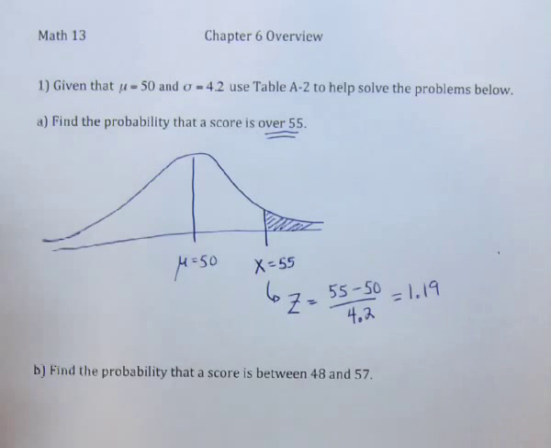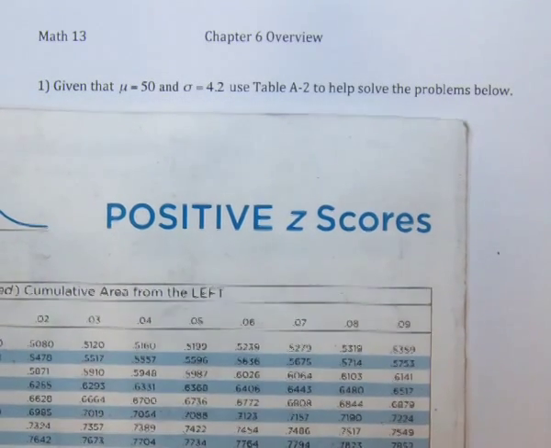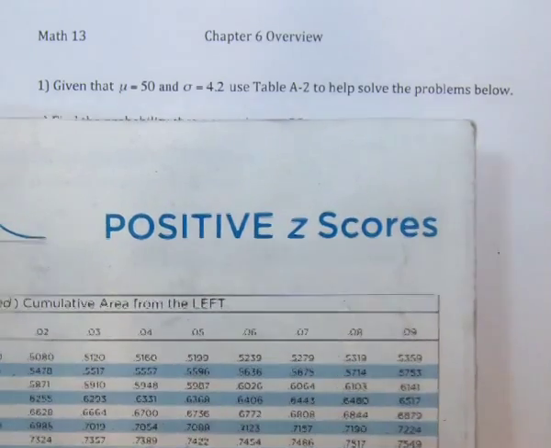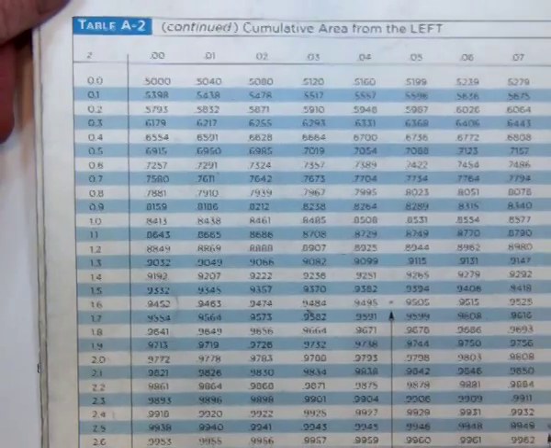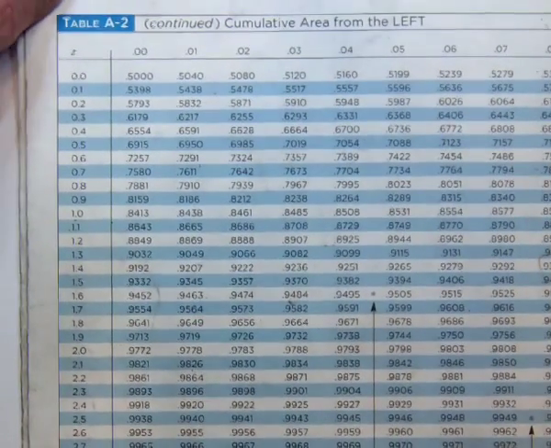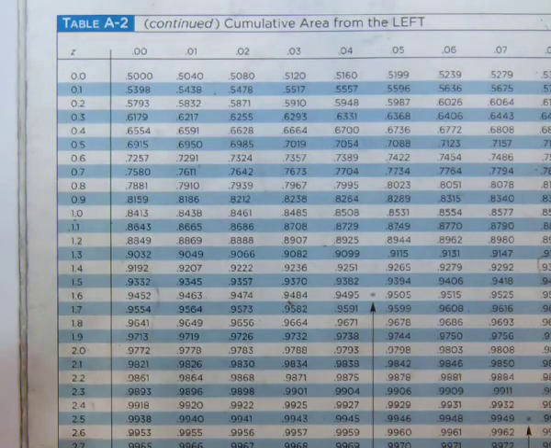Now, Table A2. The way that this table works is, first of all, there is a positive z-score and a negative z-score chart, so make sure you've got the positive one. And then the next thing is you look up the z-score this way.